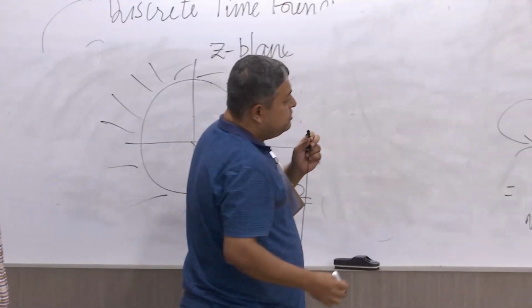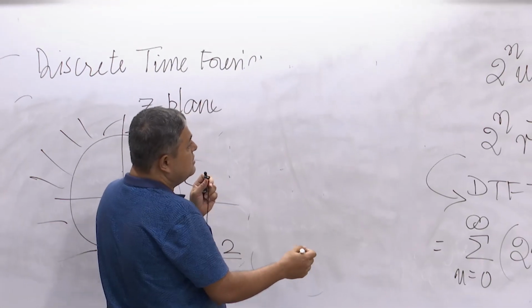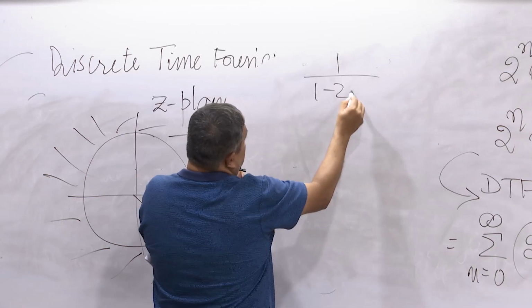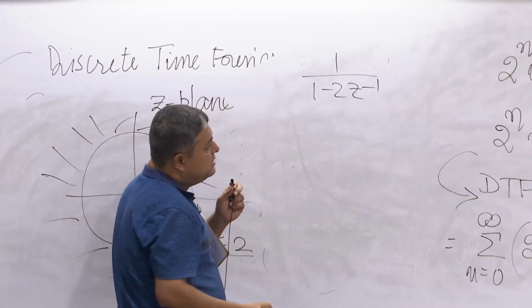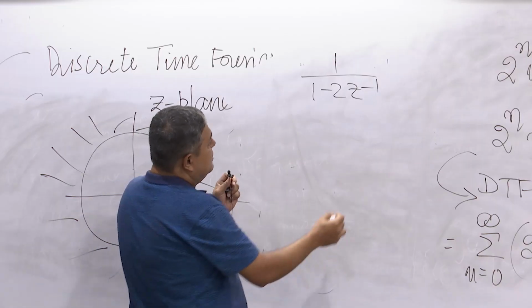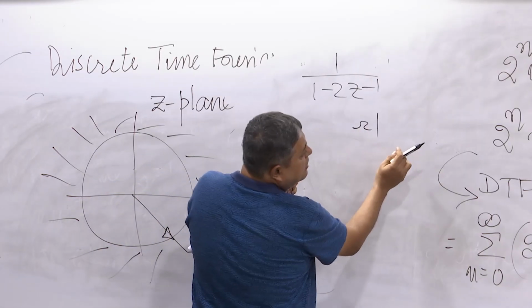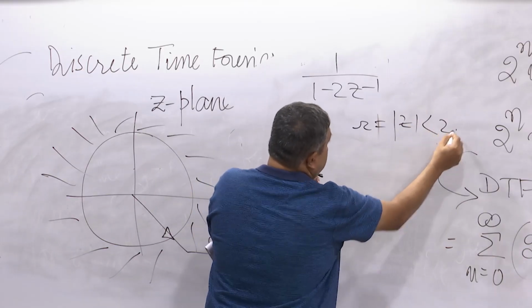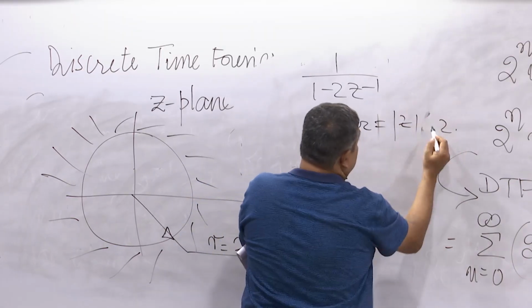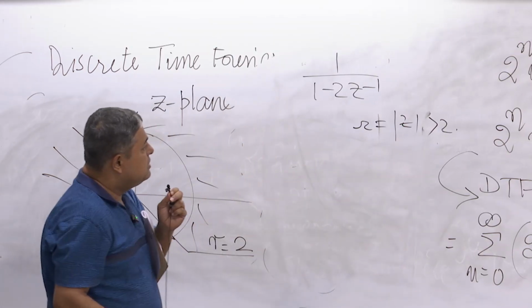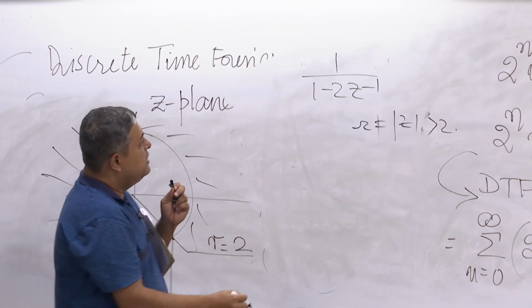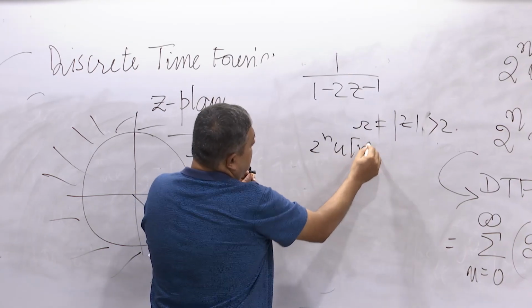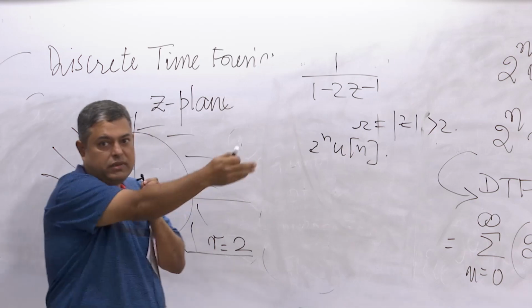So in this case also, whenever it is given like this, 1 by 1 minus 2 Z inverse, this is for R equal to mod Z greater than 2. If we take the inverse, then we are going to get this sequence 2 raised to n u[n]. So this is a causal sequence.